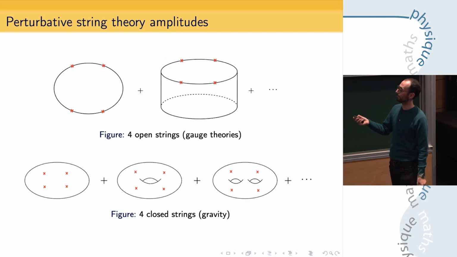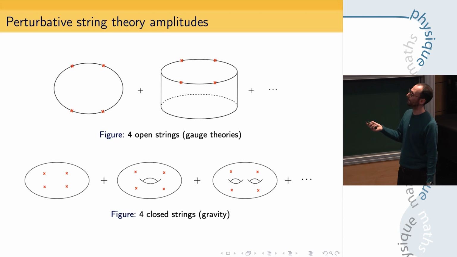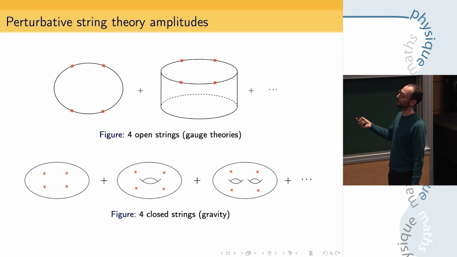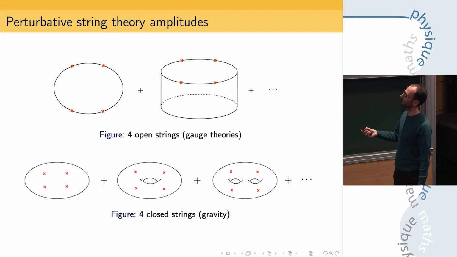And therefore, the kind of surfaces that you have are radically different. Here, I'm sorry, this looks like this, but this is supposed to be a sphere, and this is supposed to be a disk. So this is a disk with the string insertions which are on the boundary of the disk. So this is a surface with boundary. Whereas this is a sphere, so it has no boundaries, but it has 4 insertions, which you can think of as marked points on the surface. And then for open strings, you get annuli and so on. And for closed strings, you get compact Riemann surfaces, essentially.